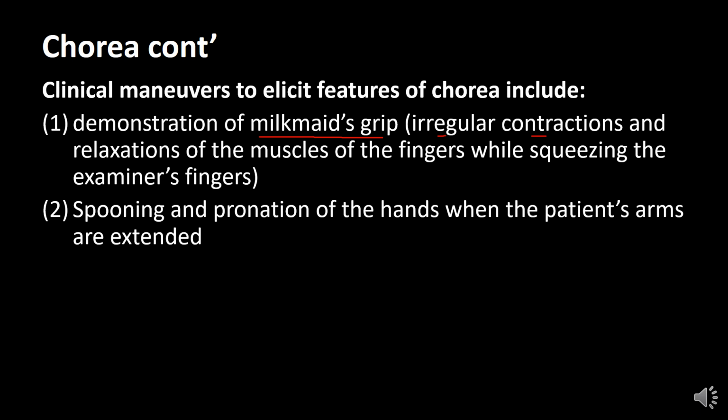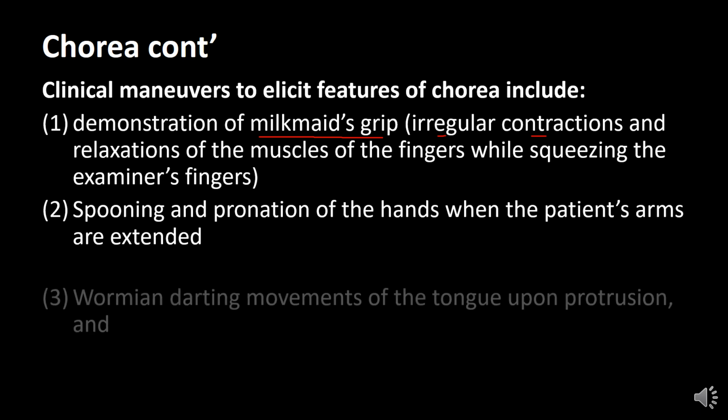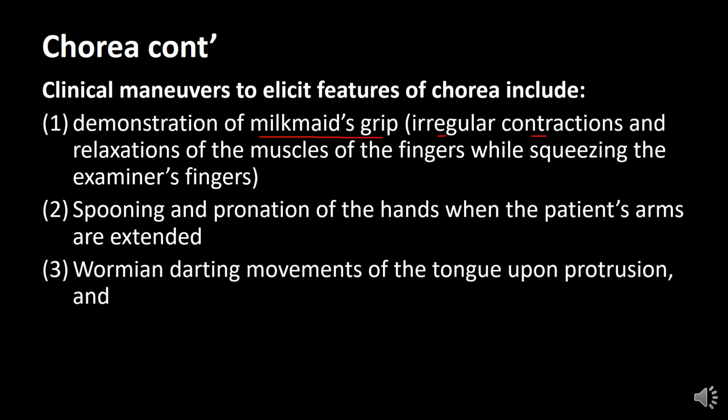There's also spooning and pronation of the hands when the patient's arms are extended. So, besides offering them your finger for them to grip, you also ask them to extend their arms. And then you will see spooning and pronation movements. There is the Wormian darting movements of the tongue when you ask the patient to protrude.